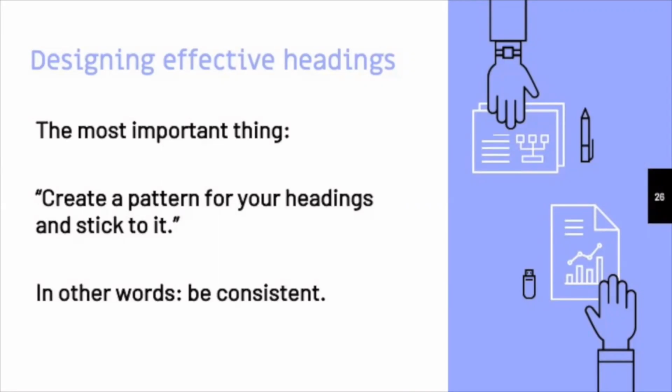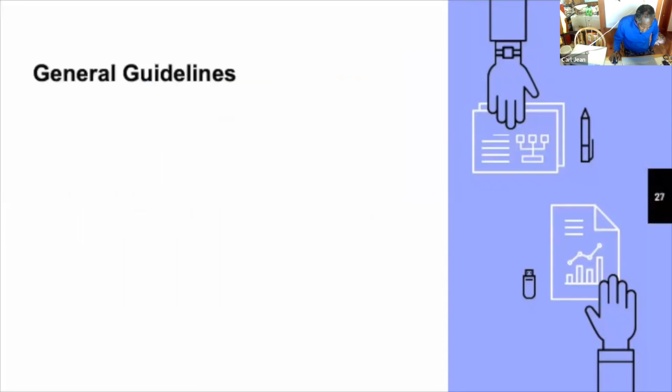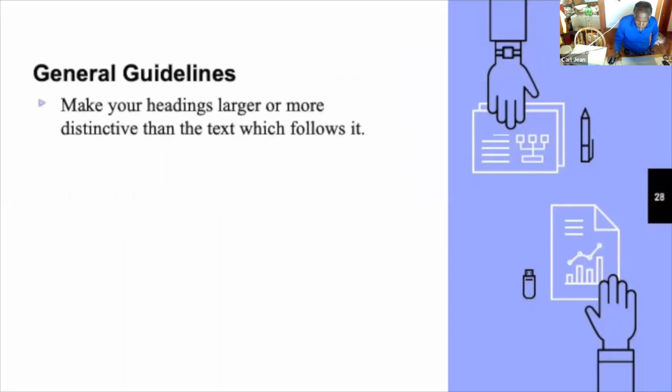Now, that doesn't mean that there aren't some general design principles you might consider following when making your headings. Some of those guidelines are more or less common sense. For example, you generally want your headings to be either larger or more distinctive than the text which follows the heading. That's probably really obvious to you.